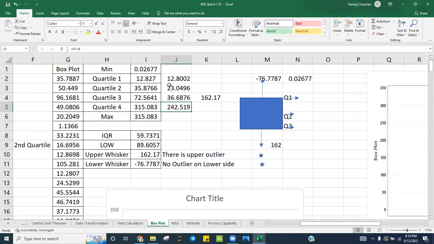So by looking at the box plot, we'll come to know which is the area with the highest variability. So we should be focusing there so we can reduce the variation. If you are reducing the variation, that means my process will be more stable and the process will be more capable. That's the objective of doing the box plot.